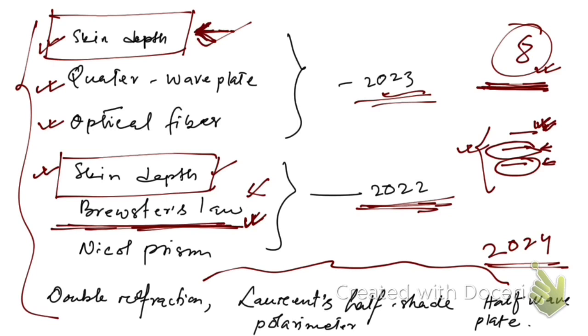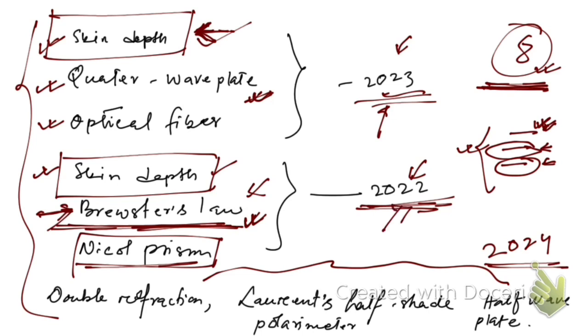If short notes on these topics are not asked, then other questions on these topics will be asked, that's for sure. I have already given you the example: Brewster's law was asked in 2022 as short notes, and in 2023 you were asked to state this law. Similarly, Nicol prism: you have short notes in 2022, then another question on this topic in the 2024 paper.